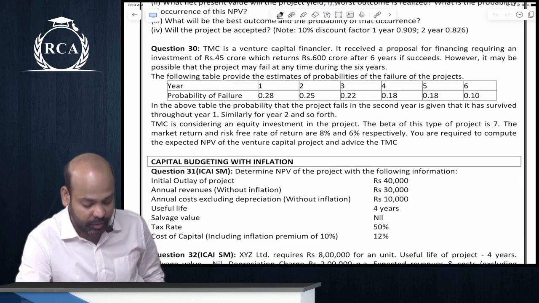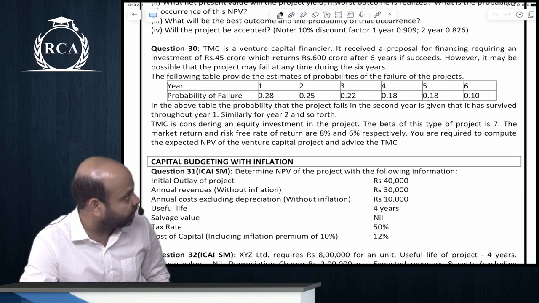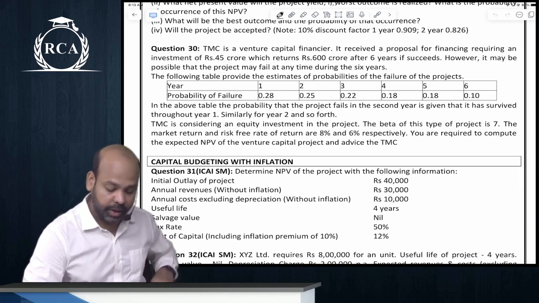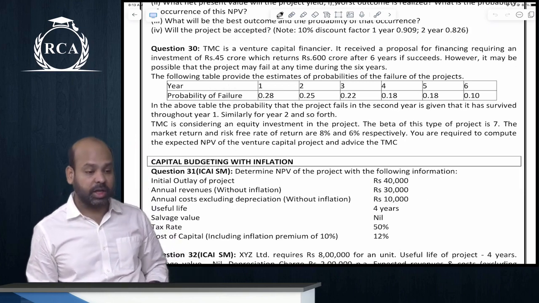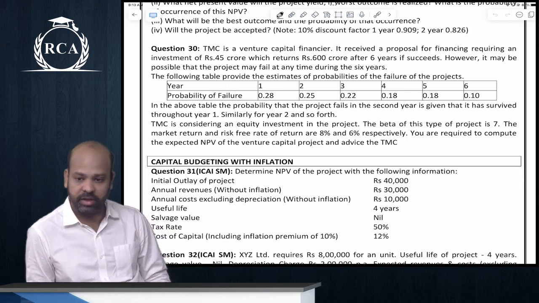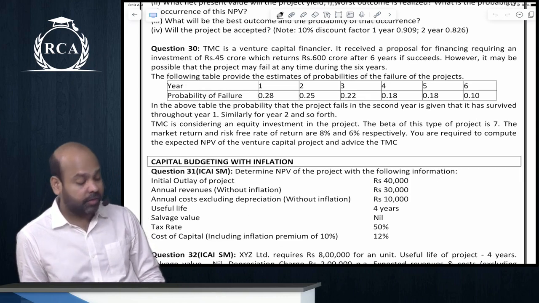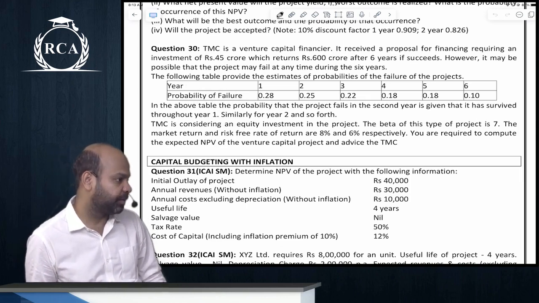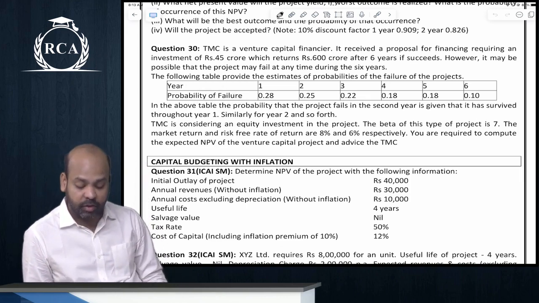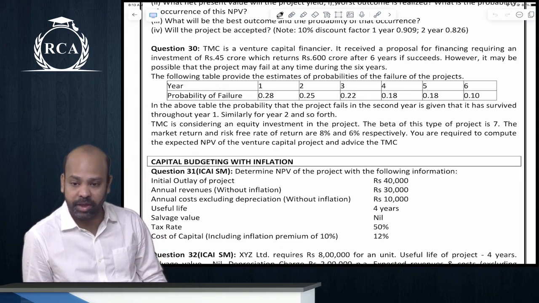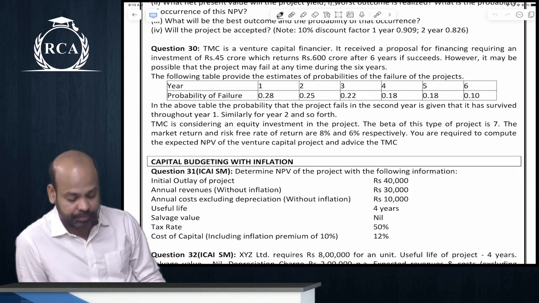The following table provides the estimates of probabilities of the failures of the project. There's a 28% chance that the project will fail in the first year. In case the project succeeds in the first year, there is a 25% chance that the project might fail in the second year.